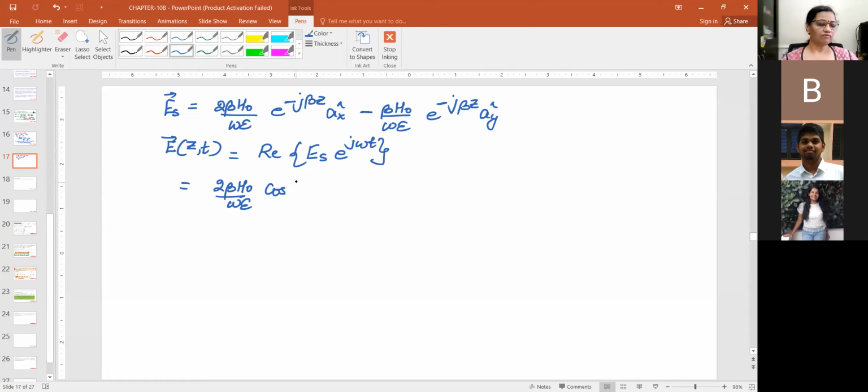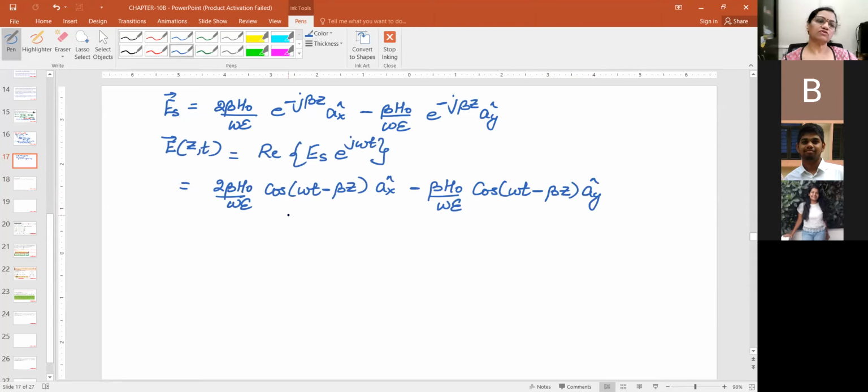So cos of omega t minus beta z along ax cap direction. And then on this side, what will you get? Minus beta H naught by omega epsilon, and again it is real part. So real means cosine of omega t minus beta z along ay cap direction.